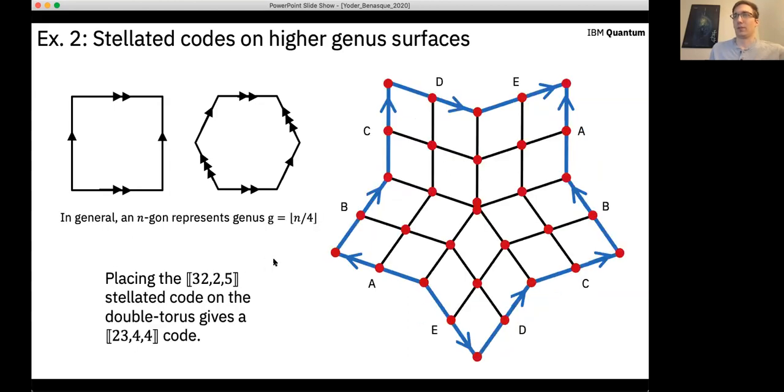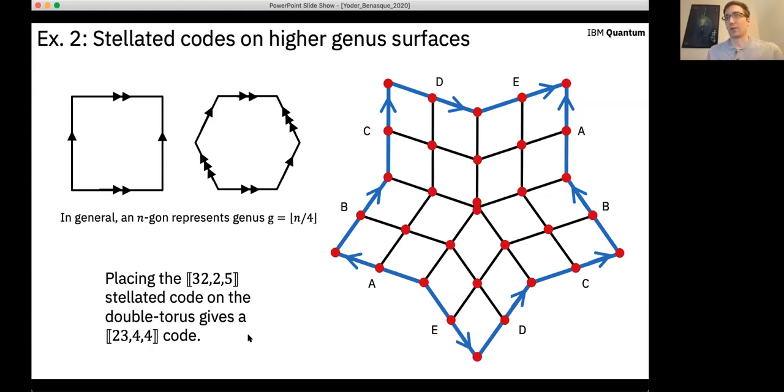And generally, an n-gon with opposite sides identified will represent a genus floor of n over 4 surface. So if you take these stellated codes with higher order symmetries, they embed into higher genus manifolds. For instance, you can take the 32-to-5 and you get a 23-4-4.